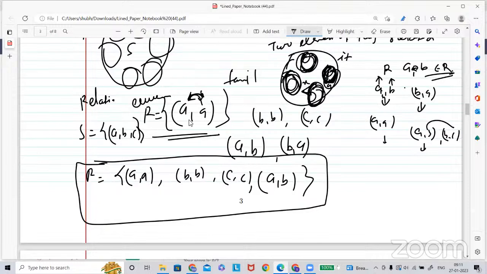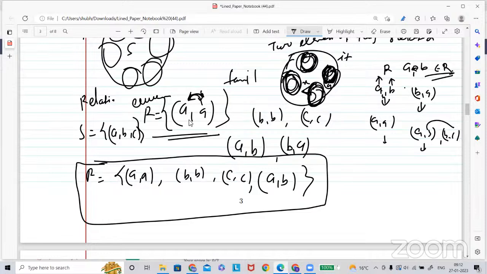Can you answer me? Is this relation reflexive? Yes, sir, it is reflexive. It is reflexive, but not symmetric. That means in a reflexive relation there is a possibility that it can contain elements apart from the identical ones also.